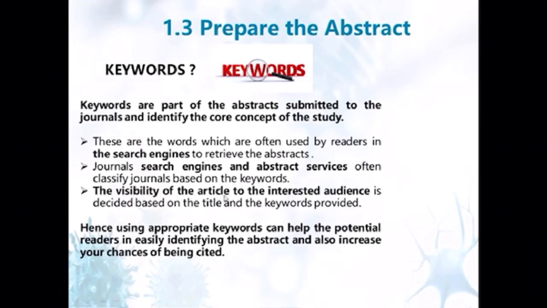The visibility of the article to the interested audience is decided based on the title and the keywords provided. So sometimes the keywords are as important as the title. So you have to provide the keywords carefully. Hence, using appropriate keywords can help potential readers easily identify the abstract and also increase your chances of being cited. If your keywords are interesting, then perhaps they can cite your paper.